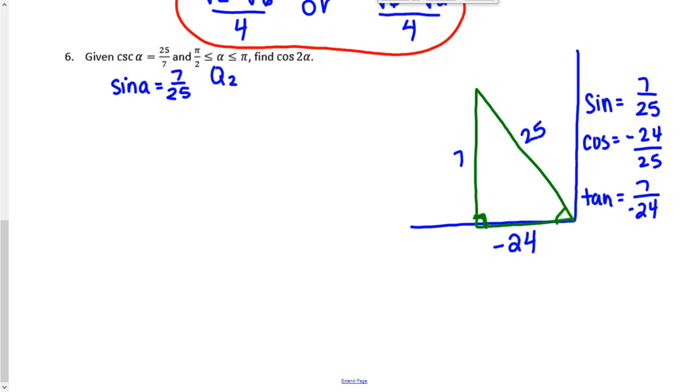What formula do you have on your formula sheet already that you didn't have to memorize anything like that? Already on your formula sheet for cosine of 2A. Cosine squared theta minus sine squared theta.